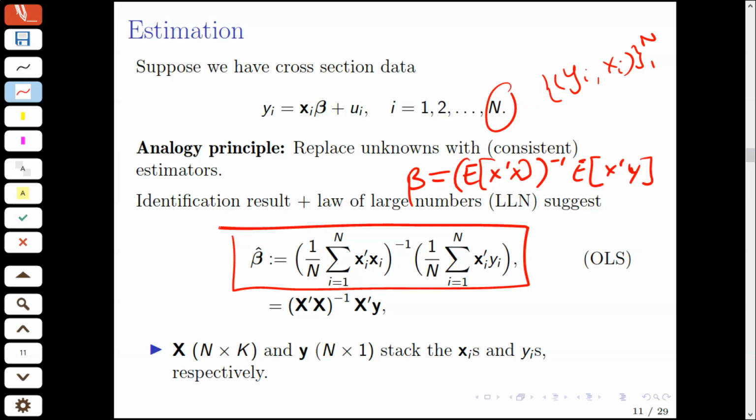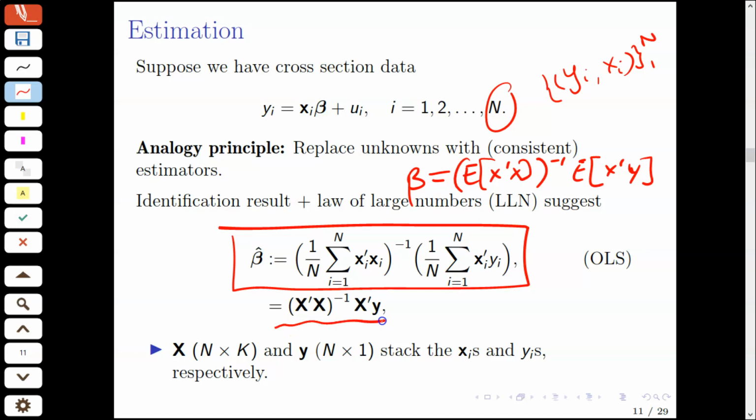This beta hat is the OLS estimator, and here I'm expressing it in two different forms. One is the form arising directly from the analogy principle, that is, we're stating everything in terms of averages, which will be very handy later on when we talk about consistency, as well as when we talk about establishing some sort of asymptotic distribution of the OLS estimator.